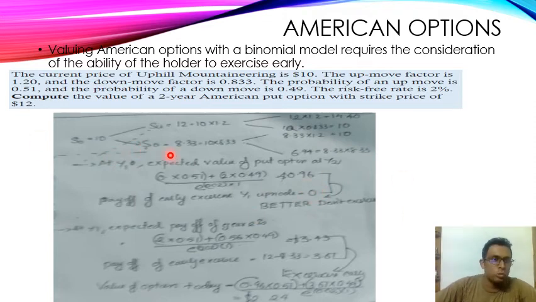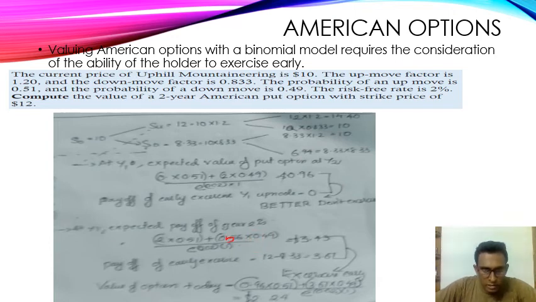So coming to scenario 2, now I am standing at SD, that is 8.33, and I am trying to value it here and here. So at SD, when I stand, the expected payoff would be like, if it goes to 10, I'll get 2 rupees, and if it comes down to 6.94, then I'll be gaining 5.06.